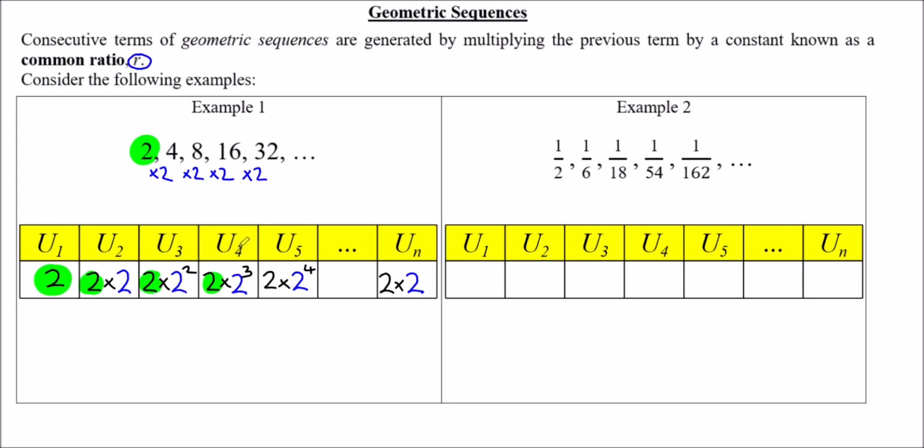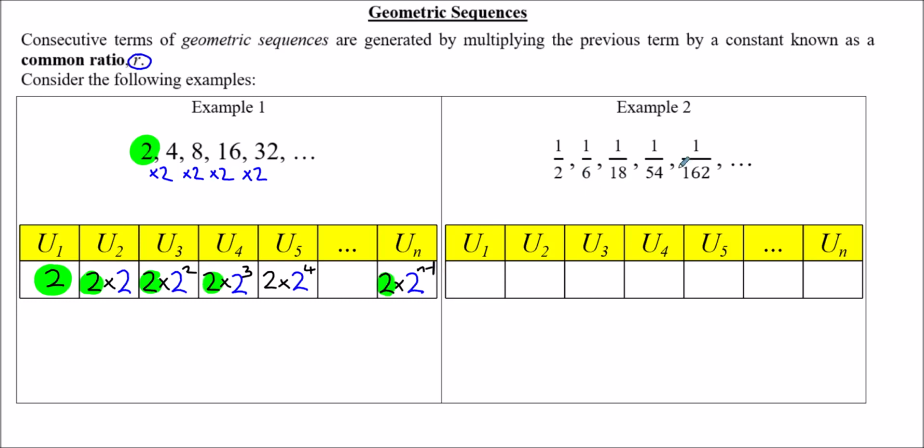Fourth term, I'm multiplying by ratio 3 times. The fifth term, I'm multiplying by ratio 4 times. The power of a ratio is always 1 less than the term number. And so here, for the nth term, you can see hopefully it's the first term multiplied by the common ratio to the power of n minus 1. It's 2 times 2 to the power n minus 1.